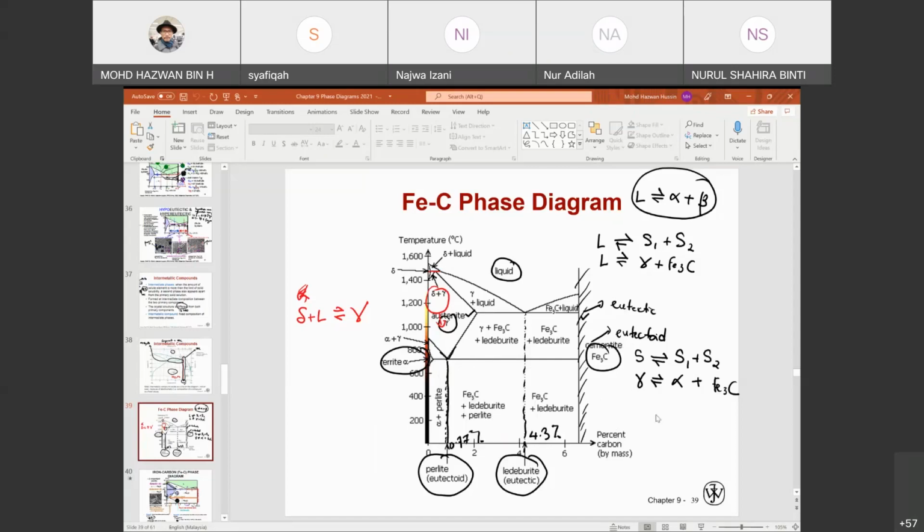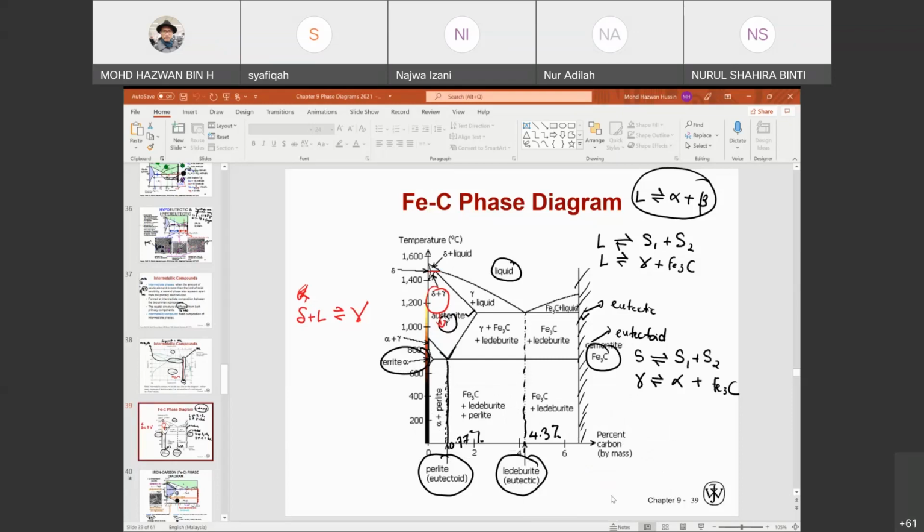The definition of eutectoid is when you have a solid that, when it further solidifies, forms two other solids. In the cast iron phase diagram, the solid that initially forms is gamma austenite, and then it further solidifies to form ferrite and also cementite.